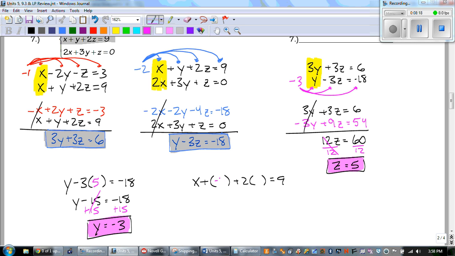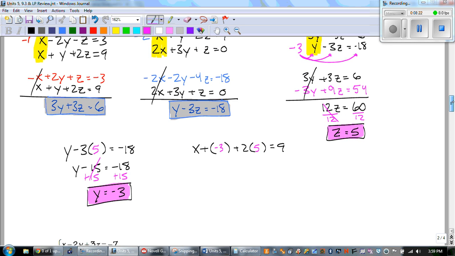So y is negative 3 and z is 5. So we have x minus 3, 2 times 5 is 10, equals 9.